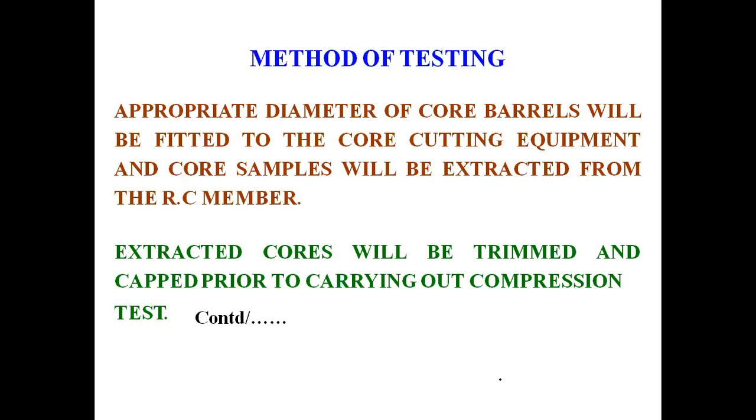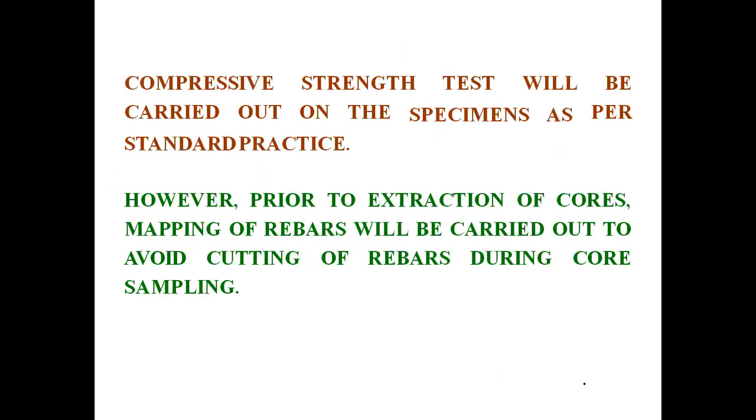As you gradually apply load at a proper rate, your surfaces should be smooth to apply the load uniformly on the surface of the core sample. The compression strength test will be carried out on the specimen as per the standard practice, the same way you perform it in your labs for testing cubes. The same process you have to do even for the core samples.